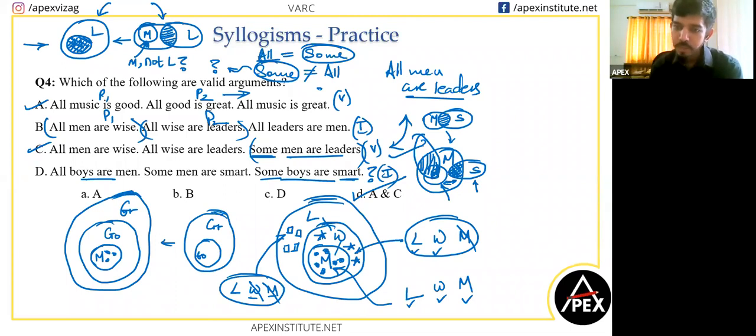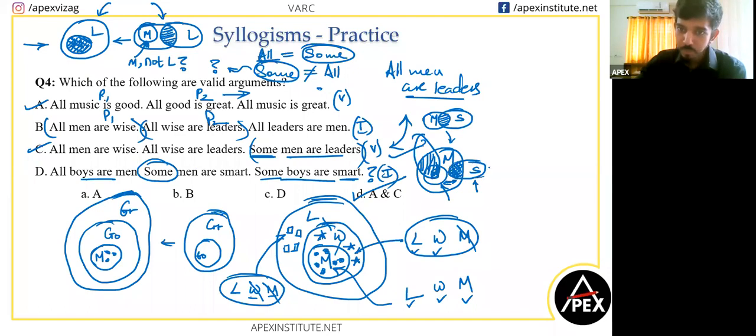So Ravli is saying that if D is invalid, all boys are men and some men are smart, some boys are smart. But D and C are not related, Ravli, because here there is a difference. Some men are smart, not all men are smart. So that's why we didn't put men as a subset of smart.